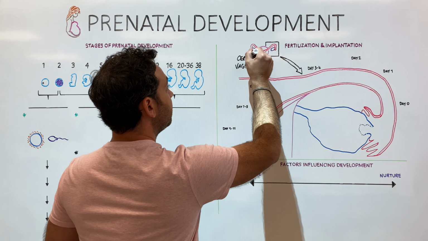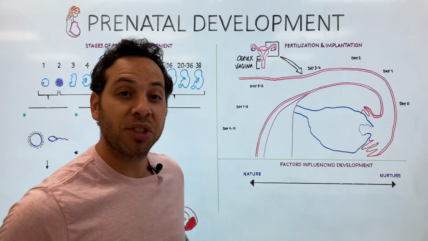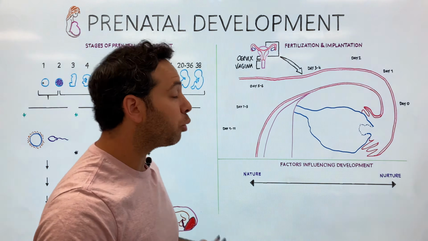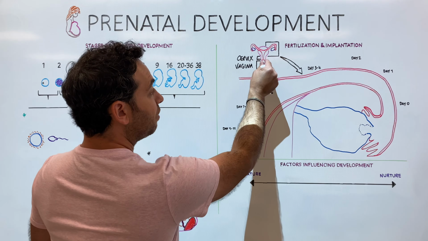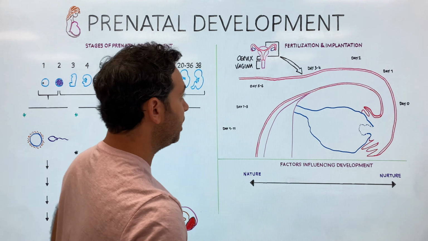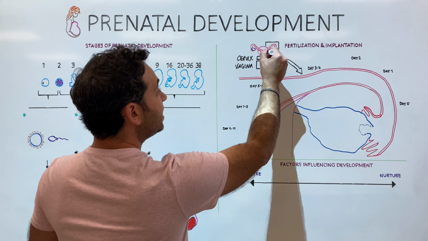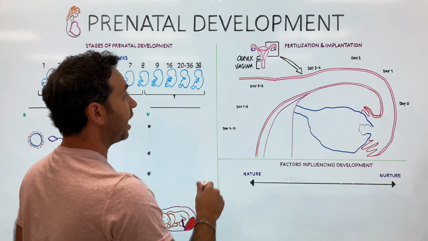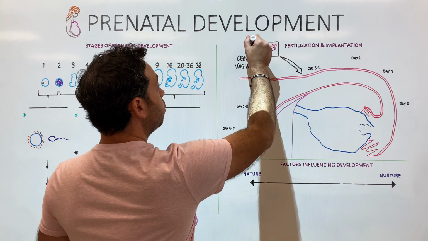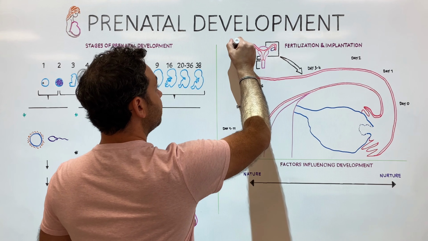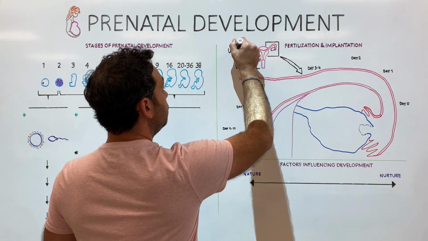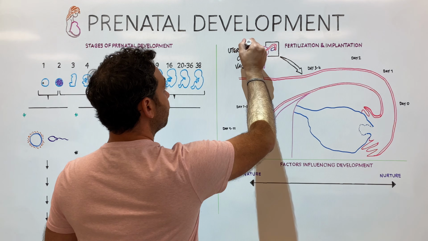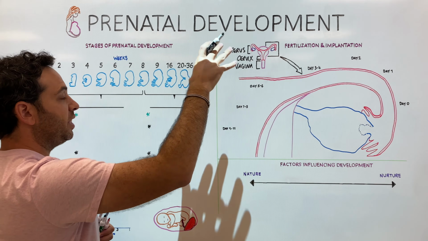When a woman is about to give birth and doctors say she's 3 centimeters dilated, 5 centimeters dilated, what they're referring to is the opening of the cervix, which remains closed during pregnancy. And then we have this entire body, that's the womb, that's going to house the entire embryo, what we call the uterus, right? Or the womb, the uterus, okay? There we go. So the vagina, the cervix, and the uterus.